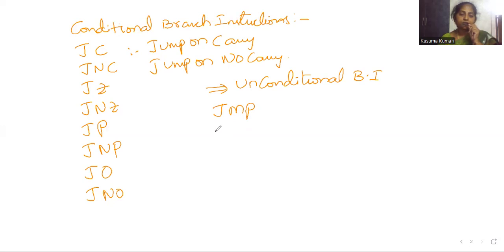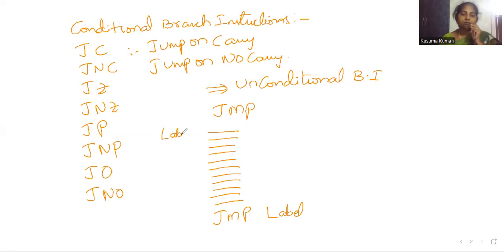For example, this is a set of program instructions. Here we are giving the jump, and this is the label address. The microprocessor sequentially executes the instructions from top to bottom. Here there is an unconditional branch instruction, so there is no condition.